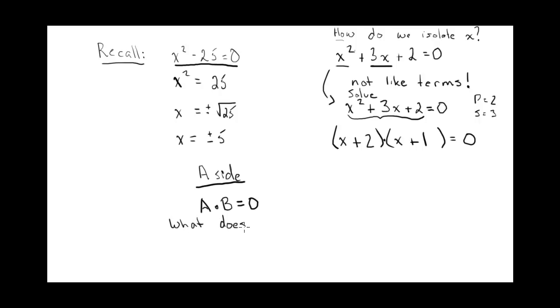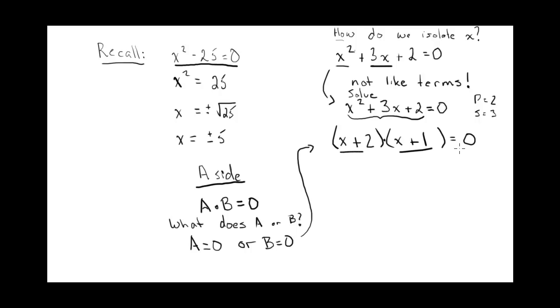If I multiply two numbers and I get a product of 0, what does that tell me about the two numbers? It tells me that a must equal 0 or b must equal 0. The only way to get 0 as a product is if one of the things you're multiplying is 0. And that actually is a pretty important property. It helps us solve a lot of problems in math. But we're going to apply that to up here.